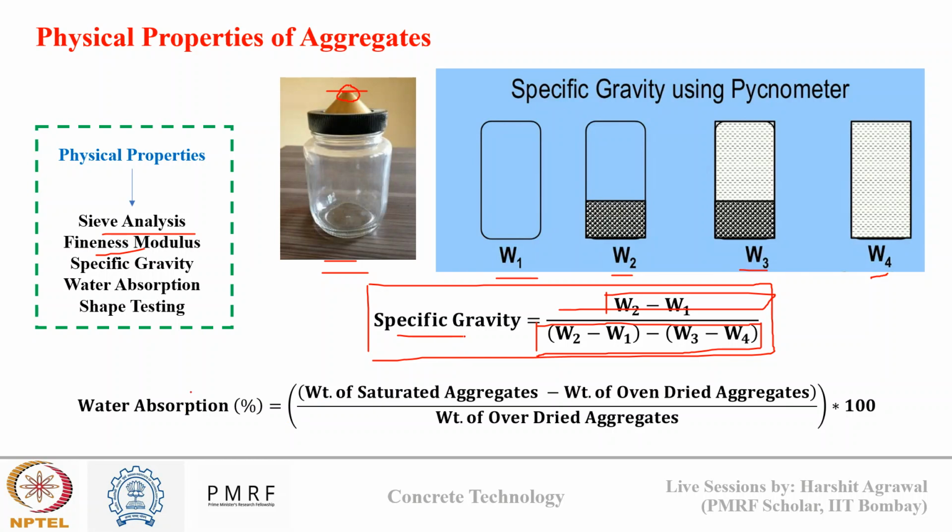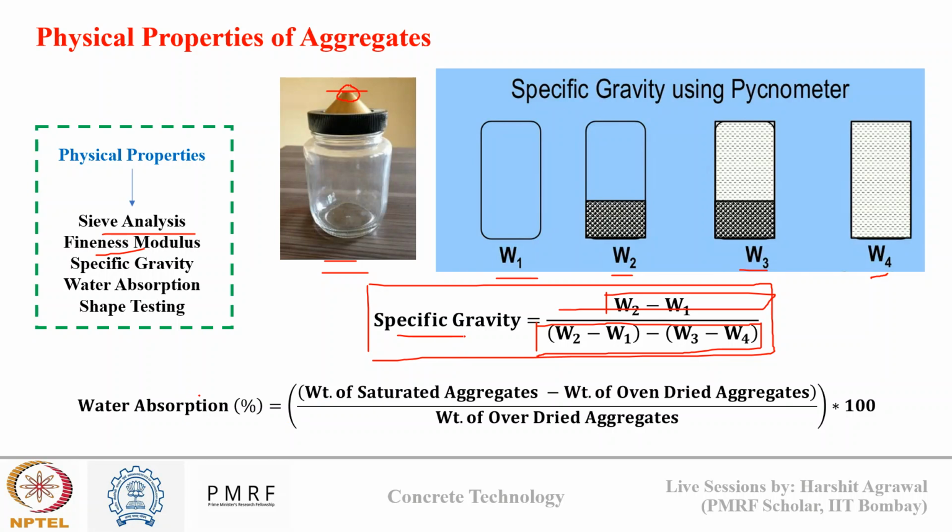Aggregates have a tendency to absorb water, which is very important to determine from a mixture design point of view. Why so? Suppose you take a 0.4 W by C ratio for concreting, but you didn't consider the water uptake by the aggregate.